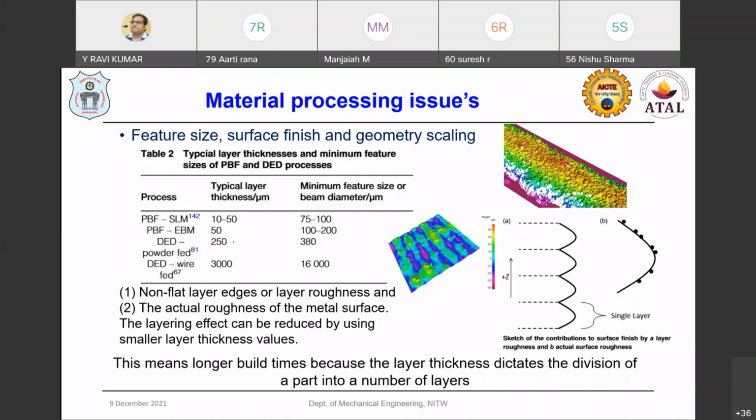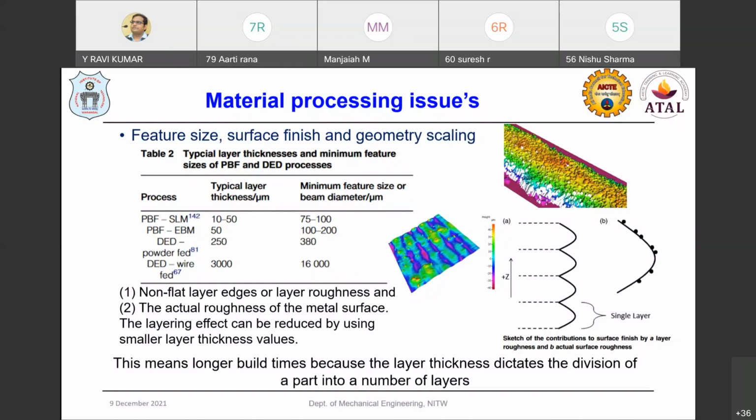Even with the DED systems it is 250 micron, and with the DED wire system we can make up to 3 millimeter layer thickness. And for minimum features, we can make 75 micron or 100 micron, and even 16,000 microns with this DED wire feeding system.